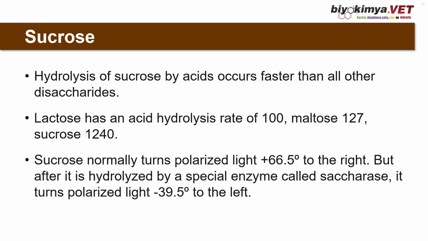Sucrose normally turns polarized light to the right, 66.5 degrees, but after it's hydrolyzed by a special enzyme called saccharase, it turns polarized light to the left at an angle of 39.5. And this is due to the glucose and fructose produced after the hydrolysis of sucrose. This means the hydrolysis will yield the monosaccharides.